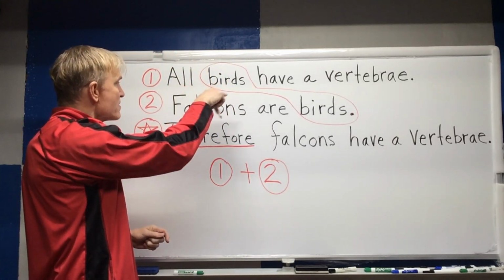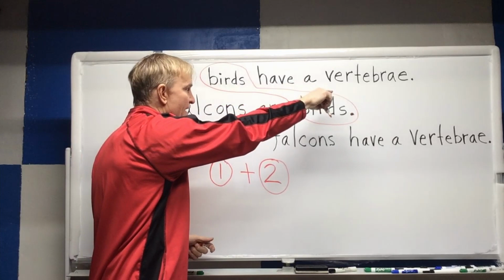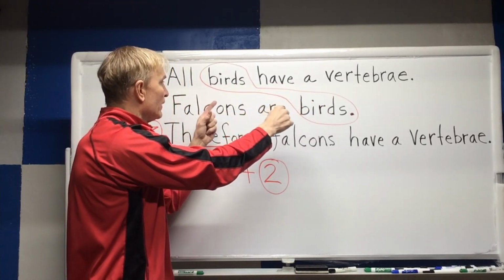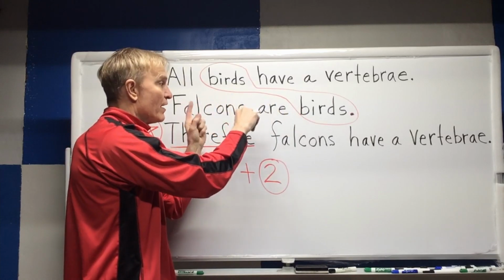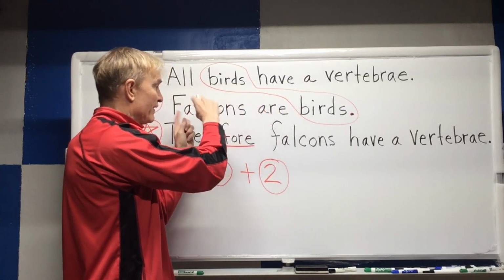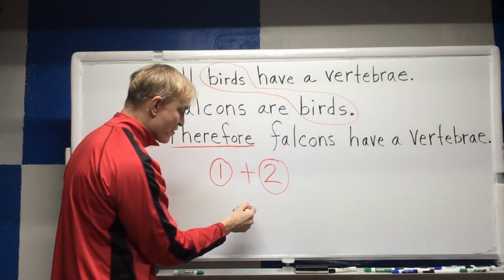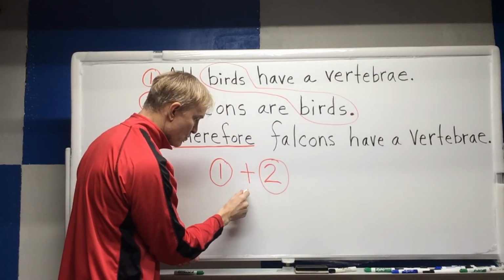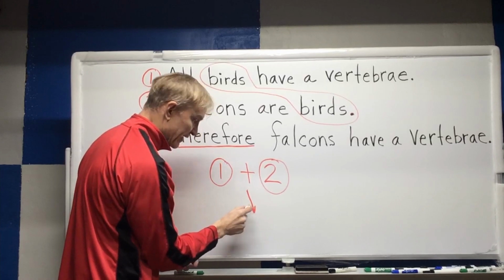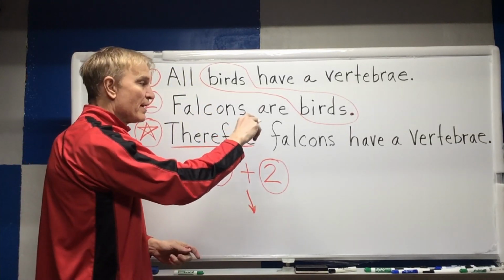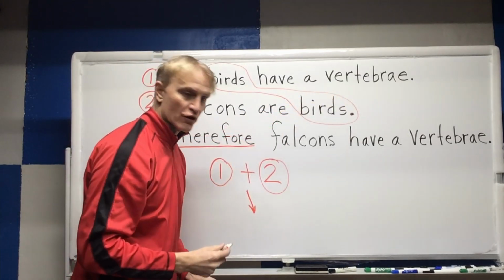And together, I know all birds have a vertebrae and falcons are birds. So now that we know that the falcon is a bird and birds have vertebrae, then we know together, or jointly, we can make the conclusion that falcons have vertebrae.